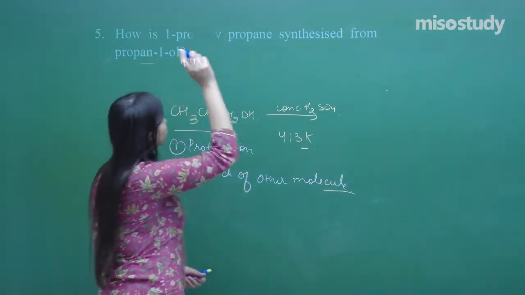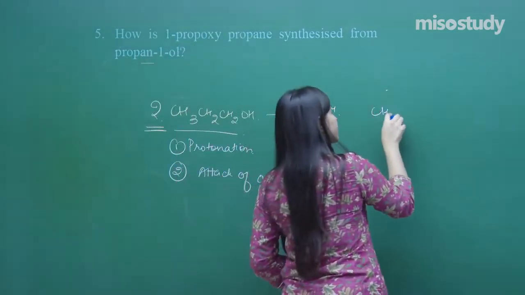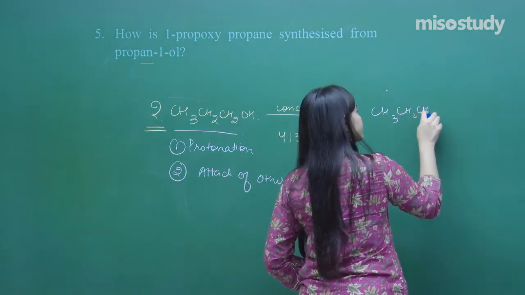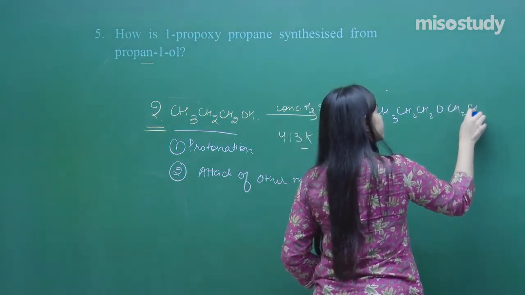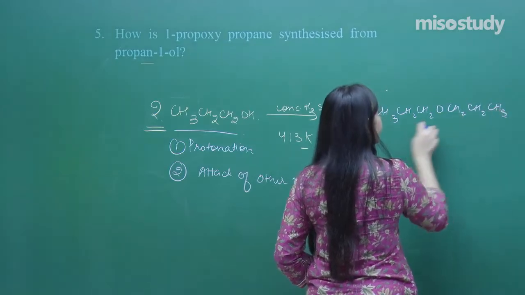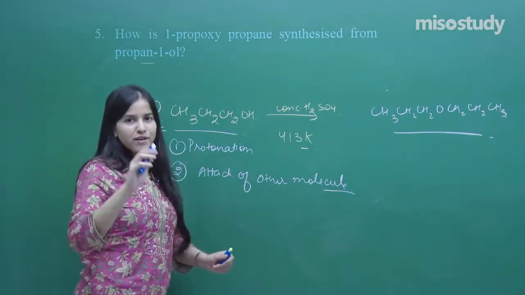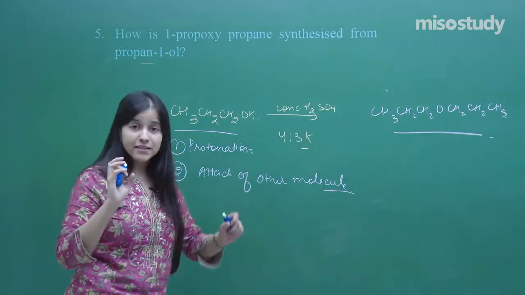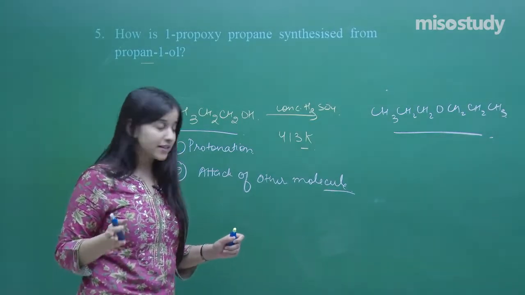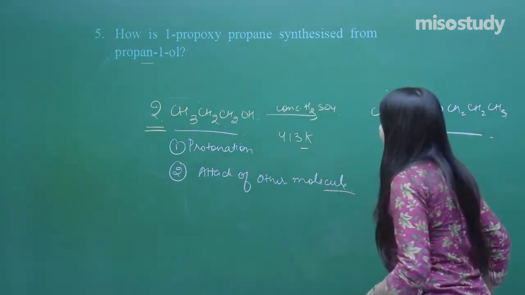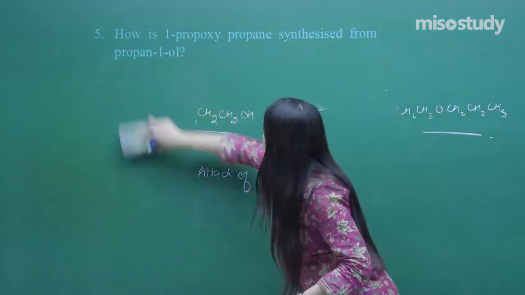And thereby I will be getting 1-propoxypropane. So that is what my product will be. So you have to try this out. I am not going into the detail, it is similar to what we have discussed earlier, right? Let us try to have the next question now.